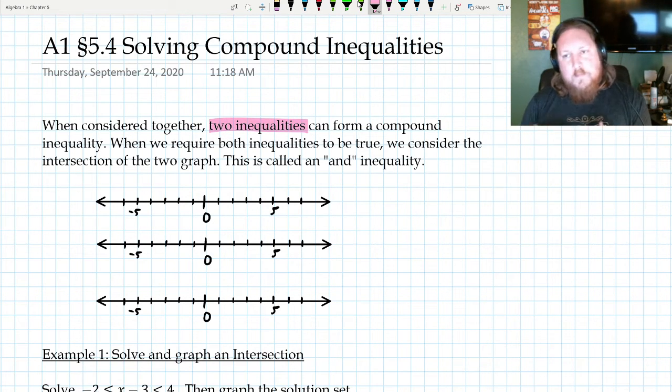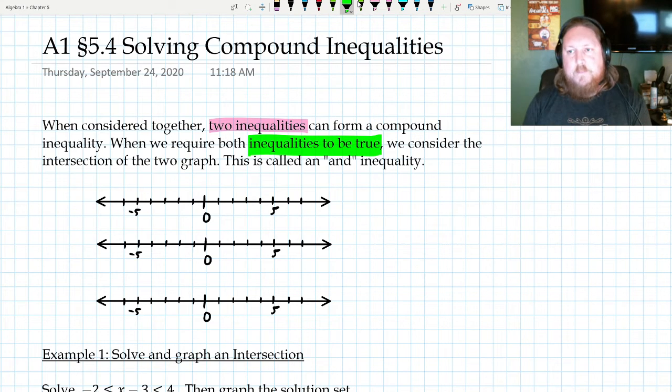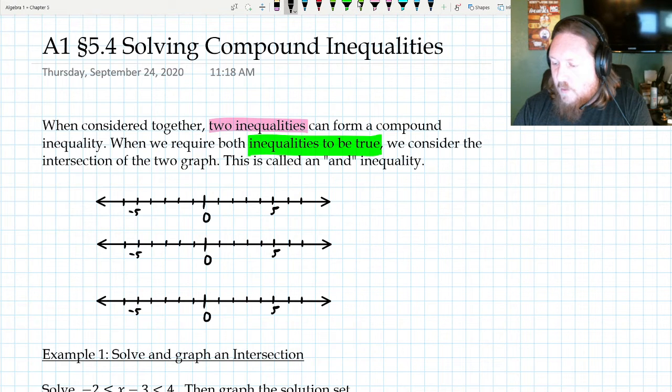And the first way we're going to look at this is if we want both inequalities to be true at the same time. So the way this works is we can have an inequality like x is greater than or equal to -2.